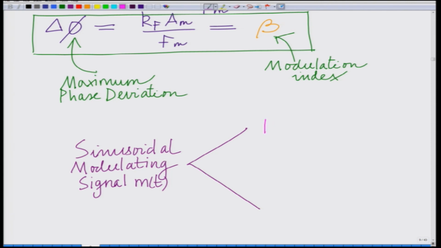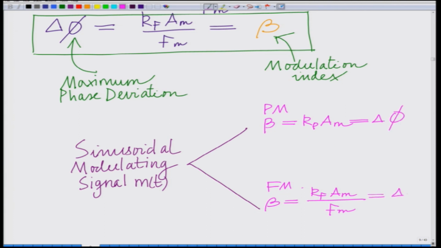We have the modulation index beta equals Kp times Am for phase modulation, and for frequency modulation we have beta equals Kf times Am divided by Fm, and in both cases this is also equal to your delta phi, which is the maximum phase deviation. Okay. So, that is what we have for a sinusoidal modulating signal.